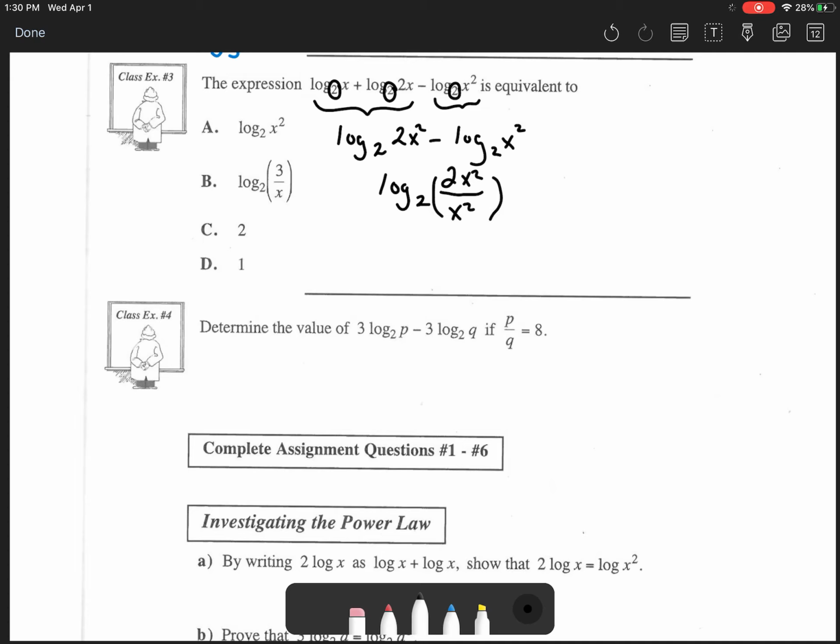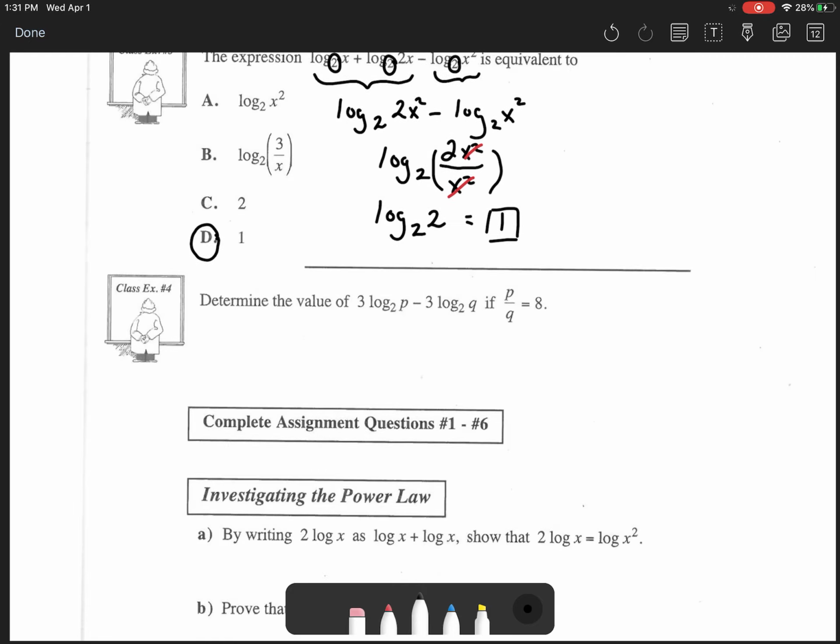So it's log base 2 of 2x squared over x squared. That will simplify to log base 2 of, the x squareds will cancel, leaving you with log base 2 of 2, which we know has a value of 1. So your answer in this case is D. Great.